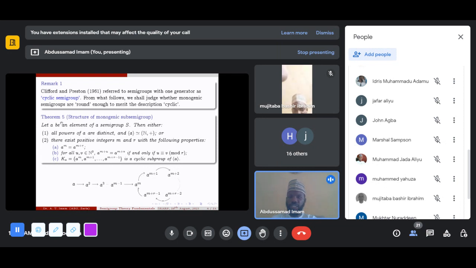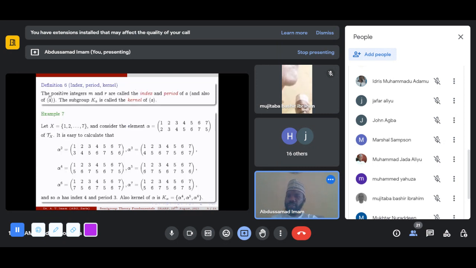Therefore the term cyclic semigroup does not fit in semigroup theory, because you don't always have a complete cycle like a group. It always has a tail, a branch like this. This is the structure of a monogenic semigroup, whereas the structure of a cyclic group is just a cycle. This is the justification for using the term monogenic instead of cyclic.